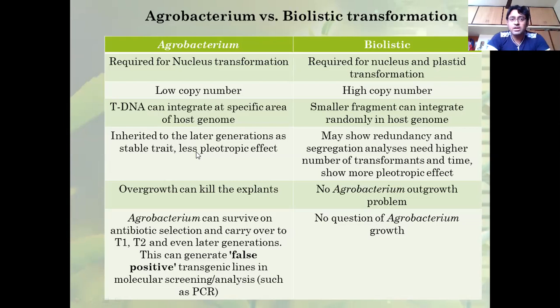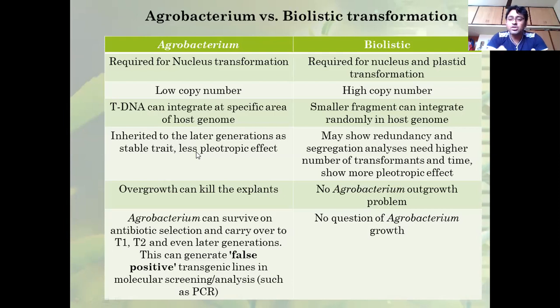Getting a homozygous plant takes time, and it is difficult to analyze which generation and which plants contain the homozygous line, which independent events carry homozygous copies or not.